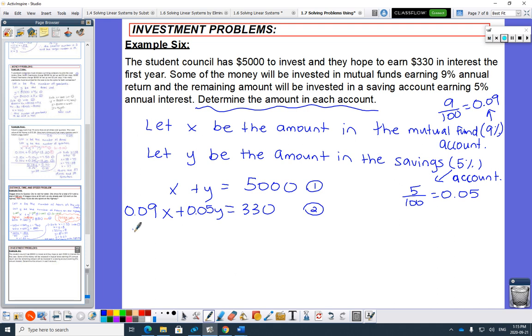Why not? So I'm going to solve for x. I could have picked y. They both have coefficients of 1. Doesn't matter, so I'm going to move it over.